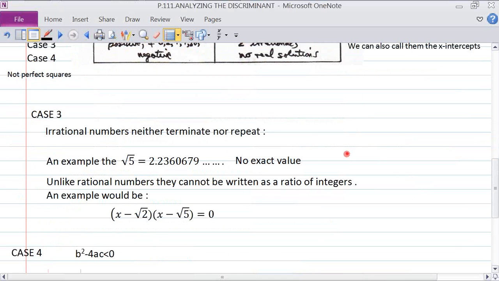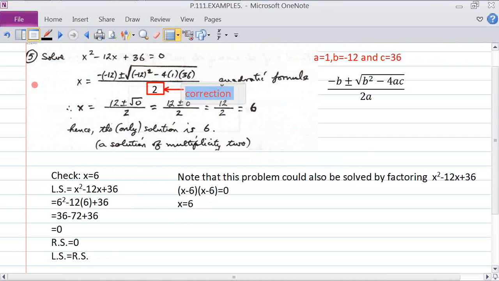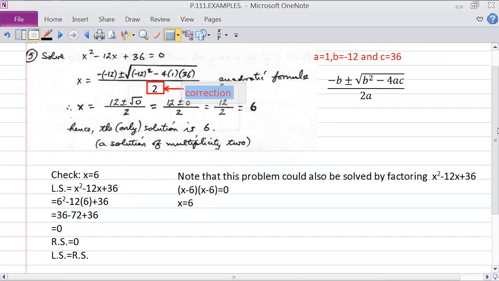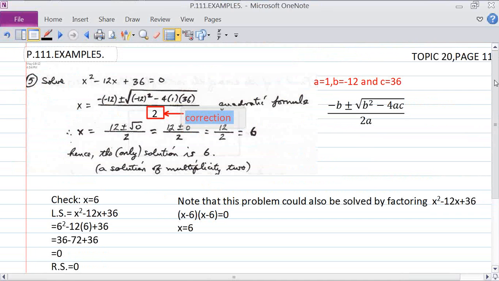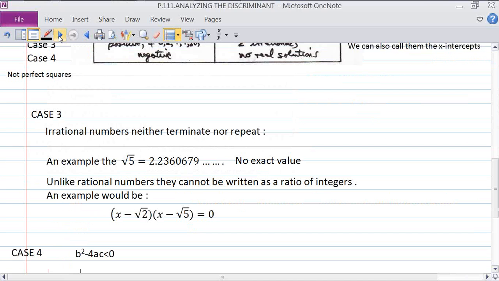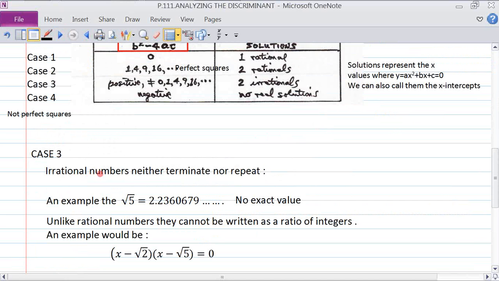And first of all, what is an irrational number? They neither terminate nor do they repeat. So go down here again. Page, excuse me. So irrational numbers neither terminate nor repeat.